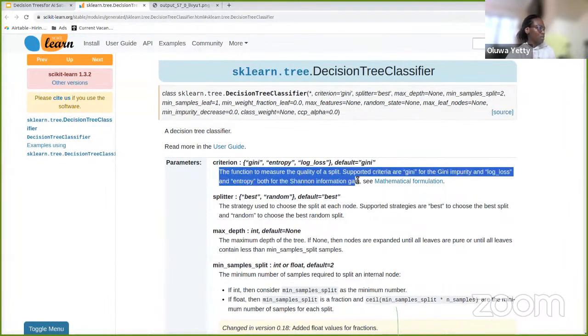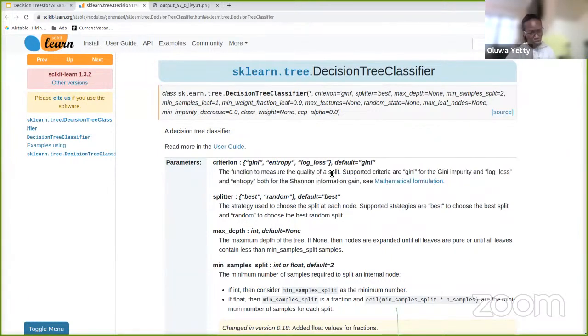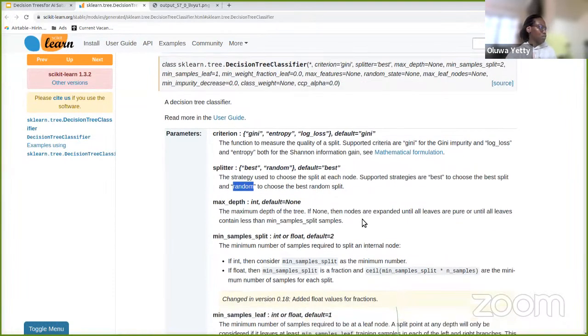If you read it, you see that it's the function to measure the quality of the split, so how pure or impure the groups are, and using that to draw out the optimal path in our tree. And also the splitter, the strategy to choose the split. We can decide to go for the best split based on the criterion, for instance, or just do random splits at each node.